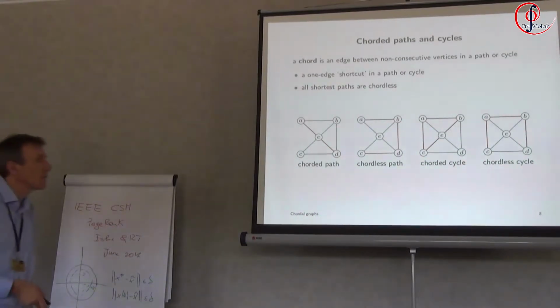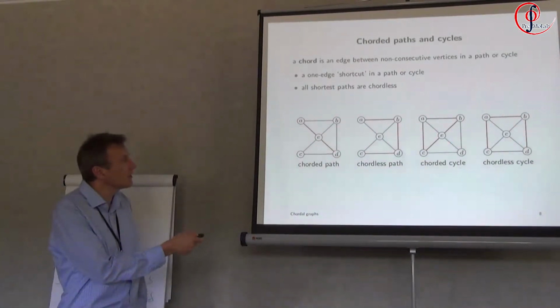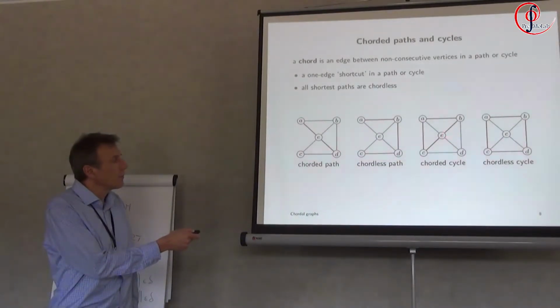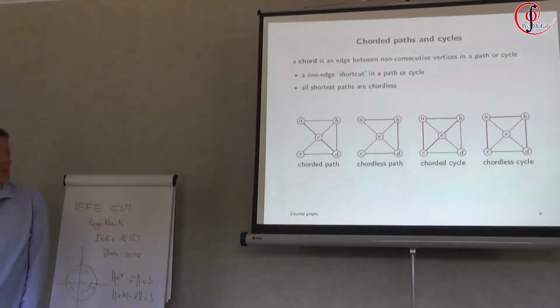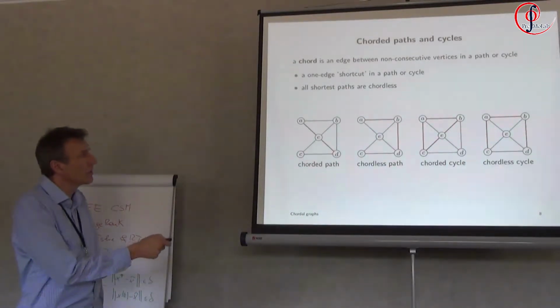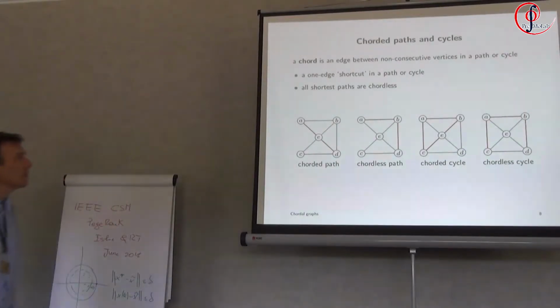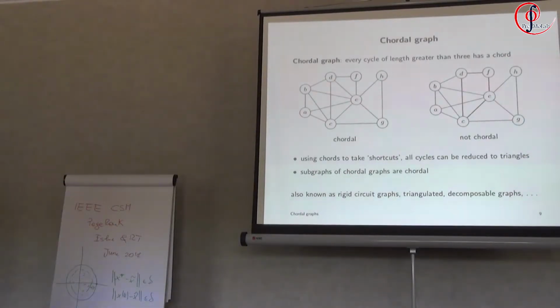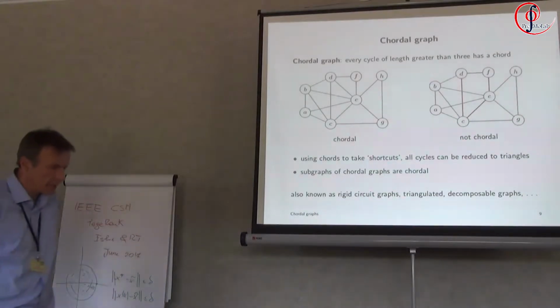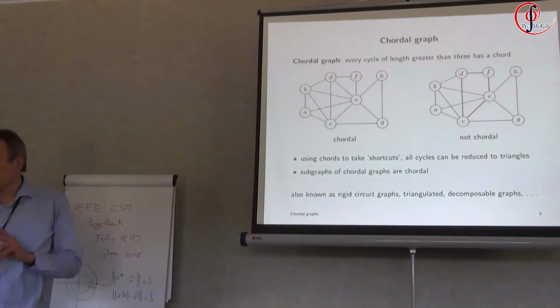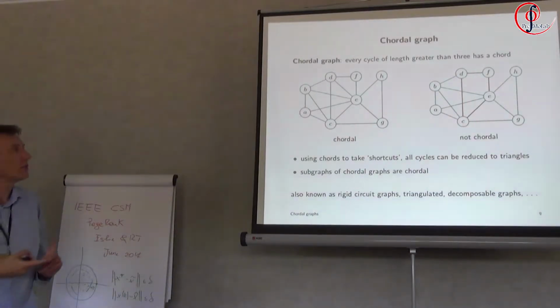So that's a chorded and a chordless path, and then a cycle is the same if you have a chord between non-consecutive vertices. The chord is an edge between non-consecutive vertices in the cycle. So this is a chorded cycle, this is a chordless cycle. So that's the definition of a chord, and then a chordal graph is an undirected graph with a property that for every cycle of length greater than 3, there is a chord.